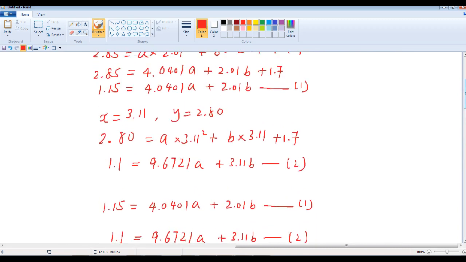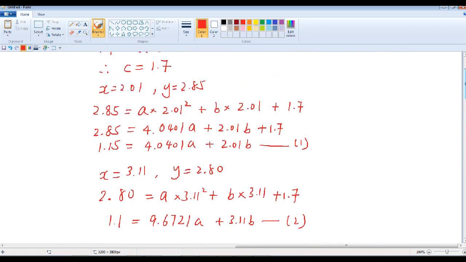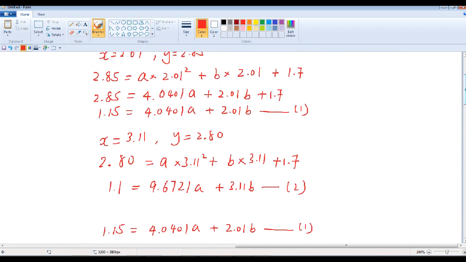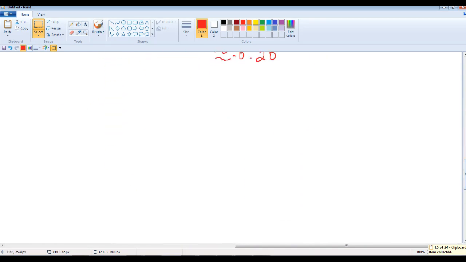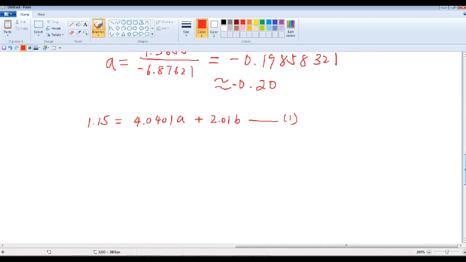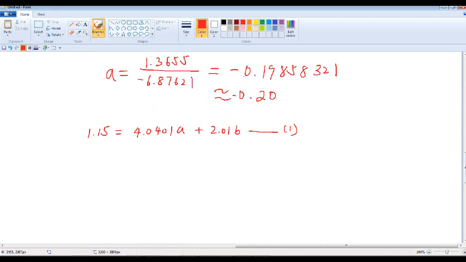Still remember that, we go back to use one other equation. We might use equation number 1. Because now we've got a equals minus 0.1985 something, let's substitute that a.